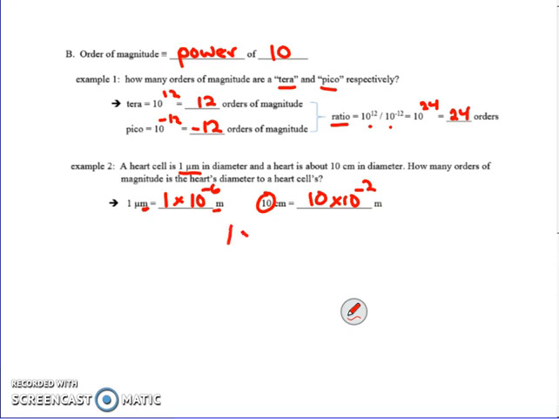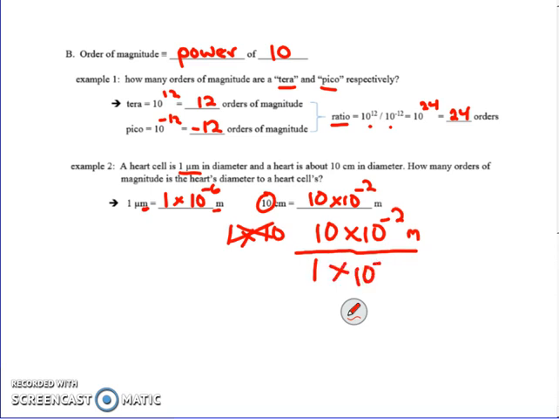So on my calculator, I'm sorry, I got that backwards. I'm going to do the heart to the cell, so I'm going to do 10 times 10 to the negative 2 meters divided by 1 times 10 to the negative 6 meters. So the meters cancel out, meaning I'm just going to get a pure number. 10 divided by 1 is equal to 10. 10 to the negative 2 divided by 10 to the negative 6.